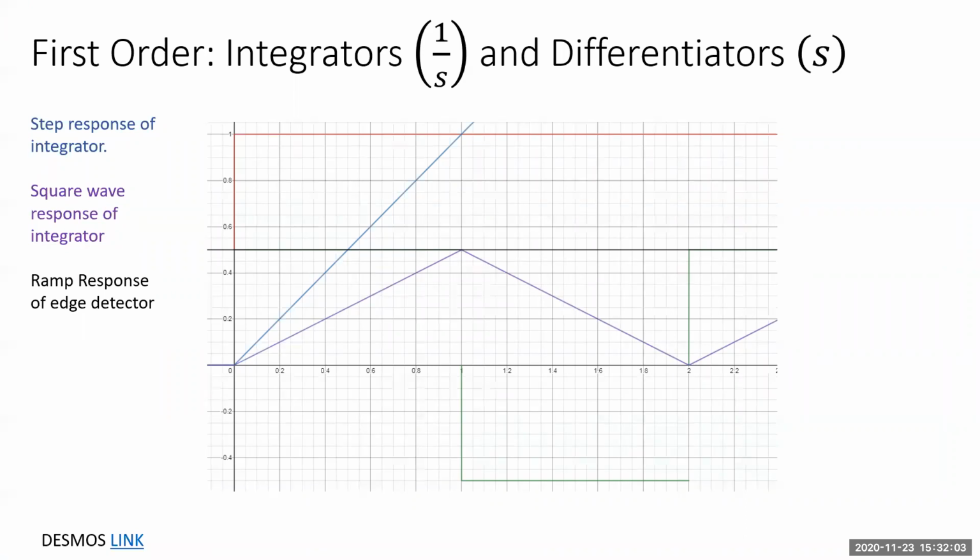So that was kind of our high level thing, but now I wanted to take a step back. For first order circuits, what are the simplest things?